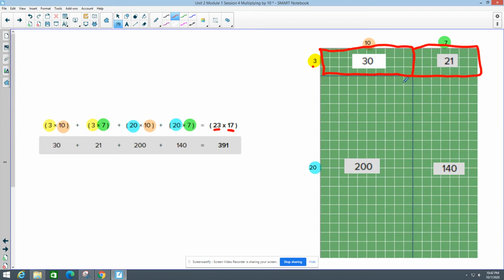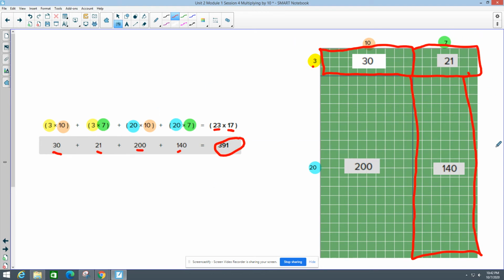These are basic facts. 20 times 10, I could do that zero trick again. Take that 20, move it over one place. And then our last one here is 20 times 7 is 140. Then, since I broke them all apart, I then put them back together to get my answer.